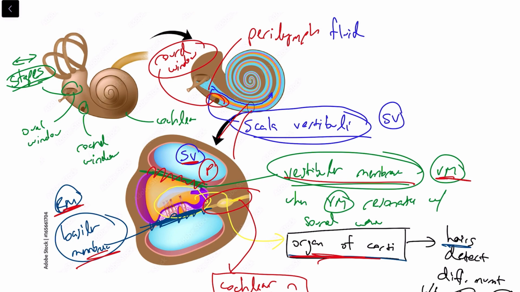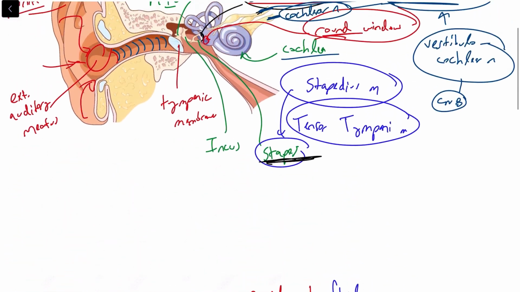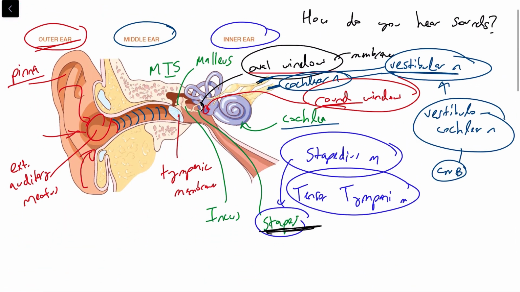So after you've heard that sound, that A440 hertz sound, your ear and brain no longer need to hear it, and so you can forget it. And that is the key thing to note here about what is going on in your ear to actually transduce sound. So this is how we hear sounds.